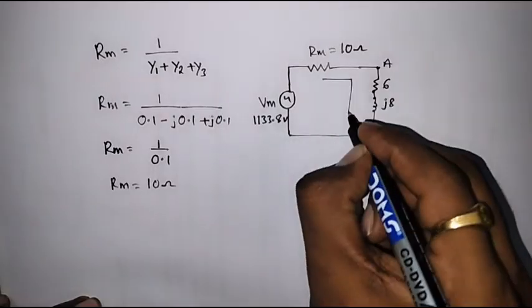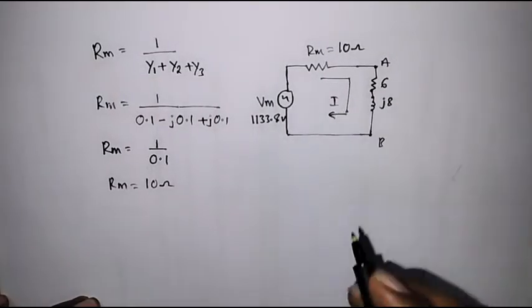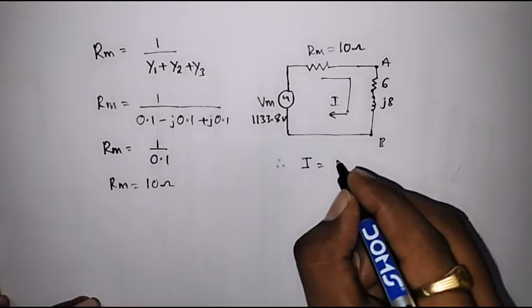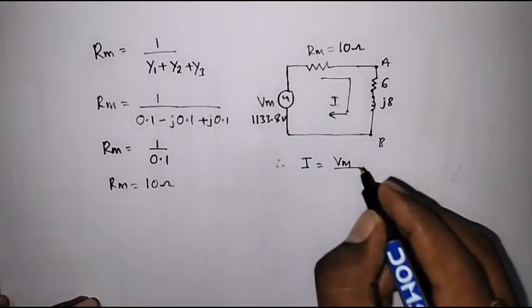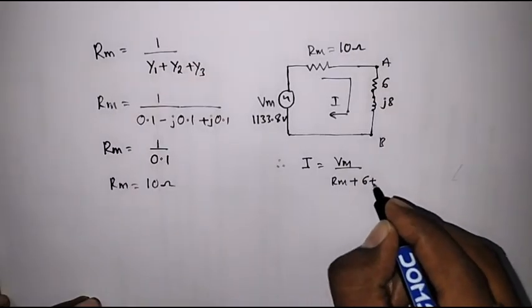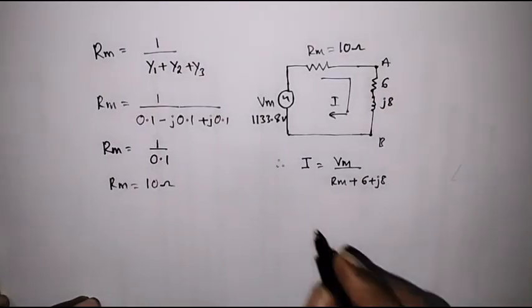Now let's find the current in this loop. Therefore I can say I is equal to total voltage divided by Rm plus 6 plus J8.